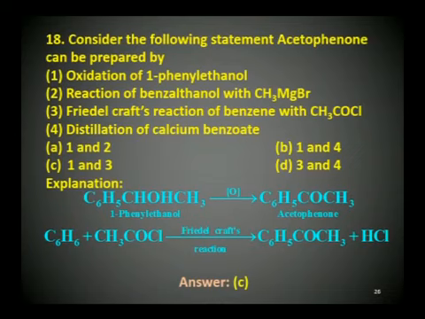In both these reactions we can produce acetophenone. So that is why the answer will be C. First and third statements are producing acetophenones.